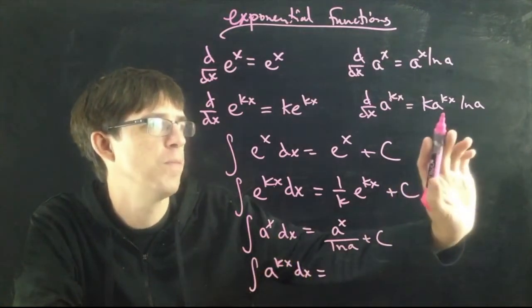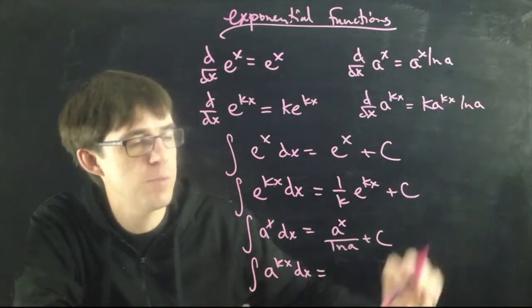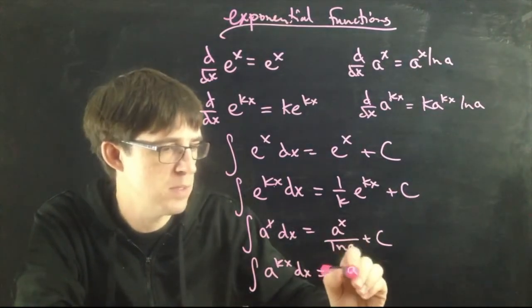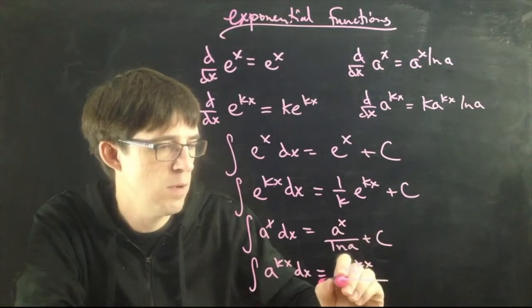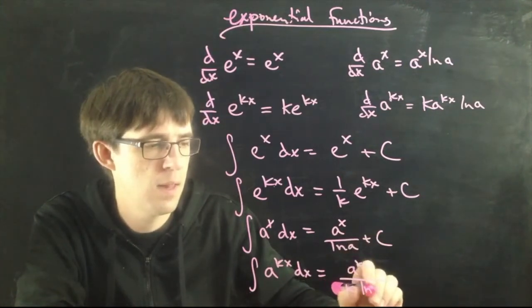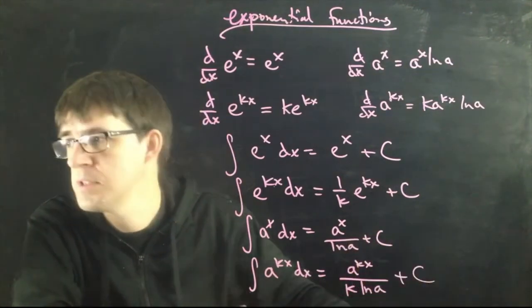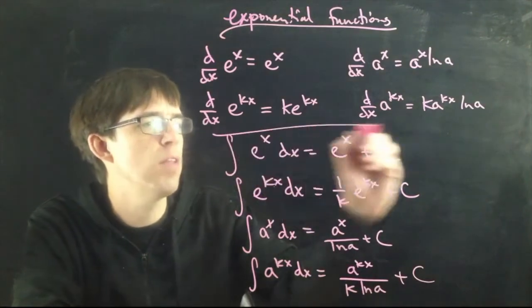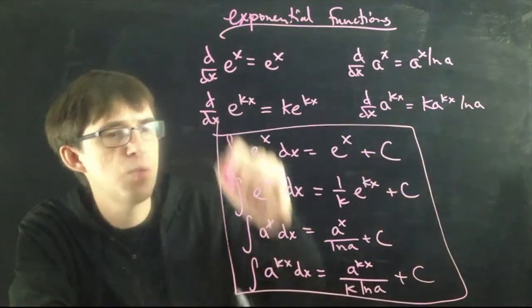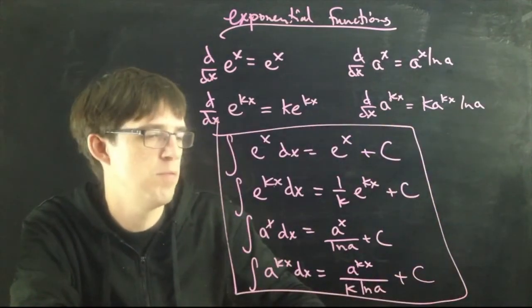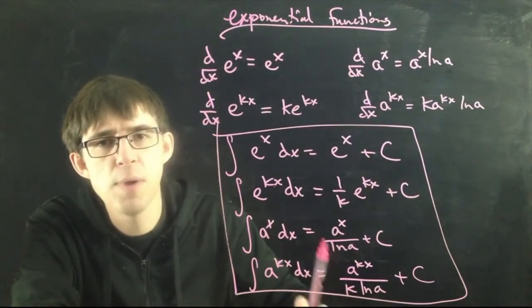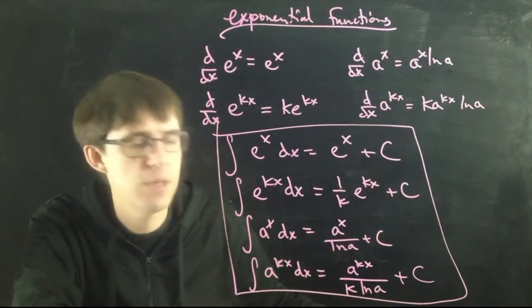In this case, for the derivative, you multiply by ln a and also by k. For the integral, you should divide by those things. It's a to the kx over k ln a plus c. All right, these are the formulas. These ones you should put in a box somewhere and remember. This is how you handle antiderivatives of exponential functions.